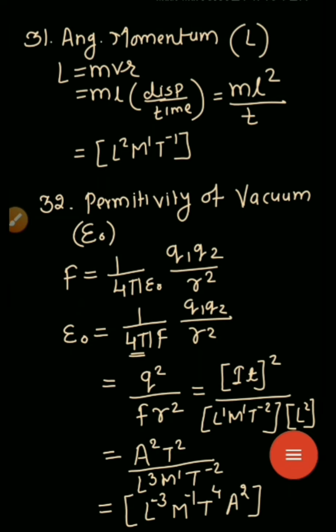This is the dimensional formula for permittivity of free space. Next physical quantity we'll take is magnetic field.